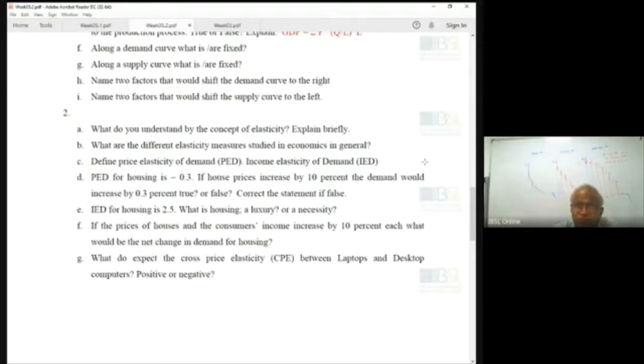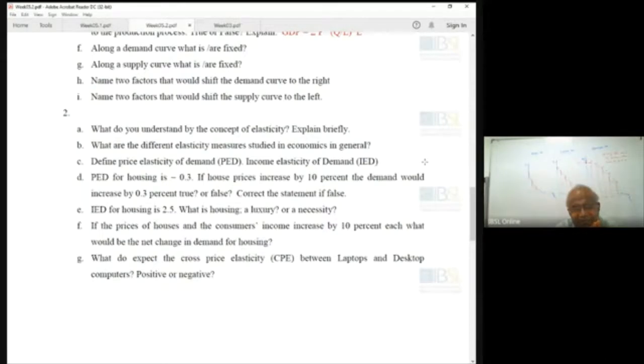ID for housing is 2.5. Income elasticity of demand is 2.5. What is housing? Luxury or necessity? We said when the income elasticity value is greater than 1, we classify that good or service as a luxury. This is a luxury. Housing is a luxury, not a necessity. Necessity is between 0 and 1, positive, between 0 and 1.